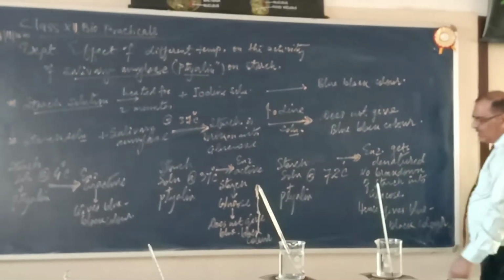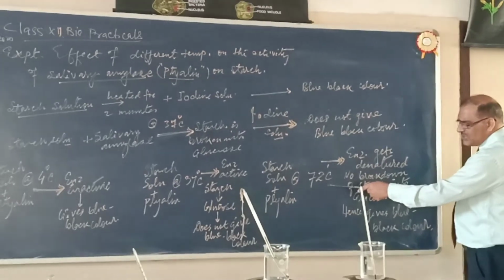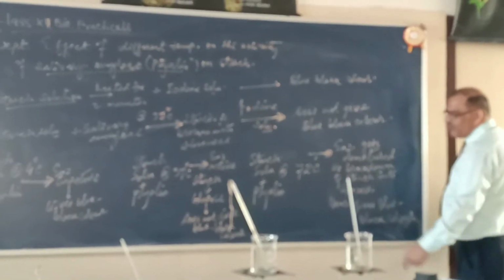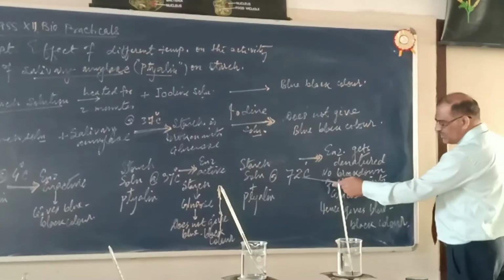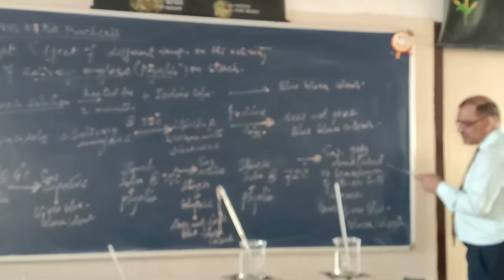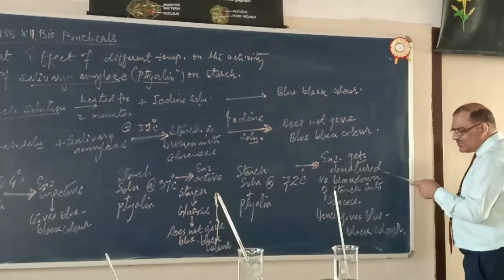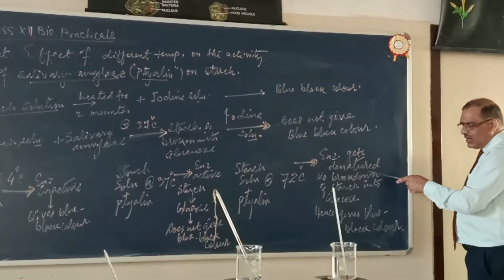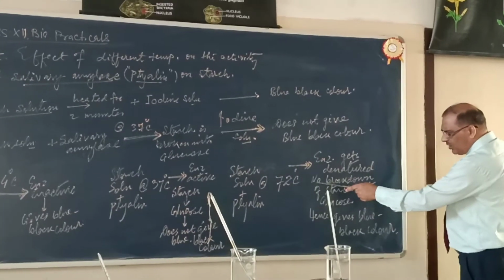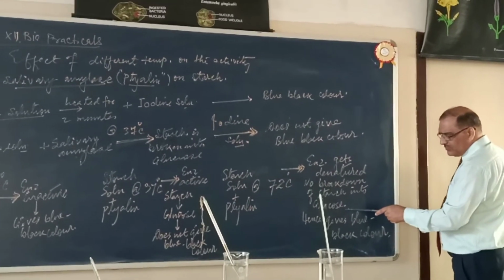This is a high temperature. At this temperature, our body enzymes cannot function. At 72 degrees Celsius, enzymes get denatured. The enzyme is destroyed. The catalytic site of the enzyme is destroyed, and that's why there is no breakdown of starch into glucose.